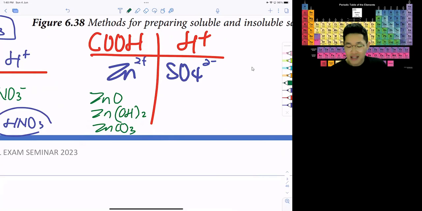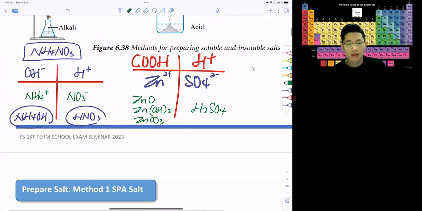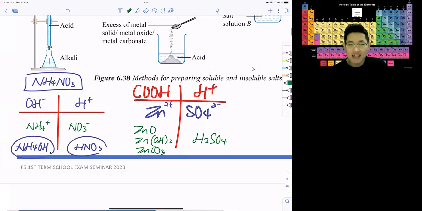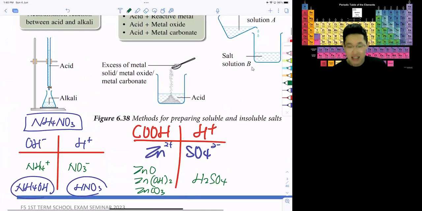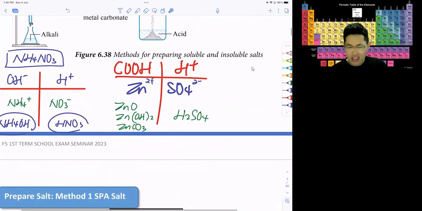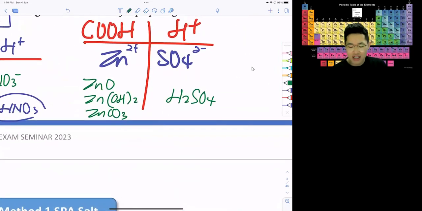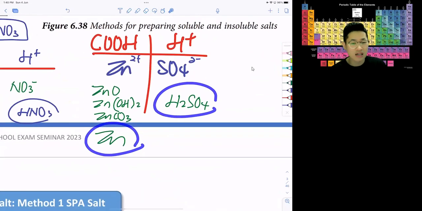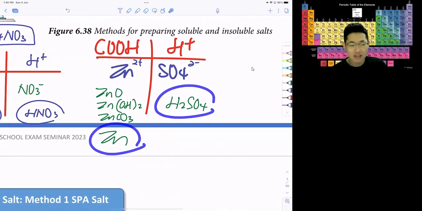Here will be the acid. And then I believe in the notes here, you can see it says acid plus reactive metal. So my question is, can I actually use zinc to react with acid to get the zinc sulfate salt?